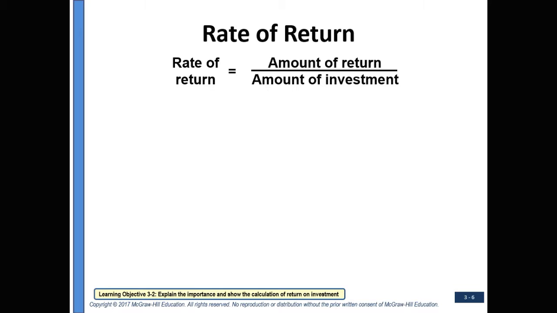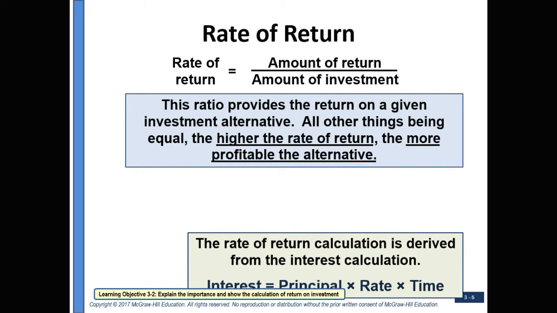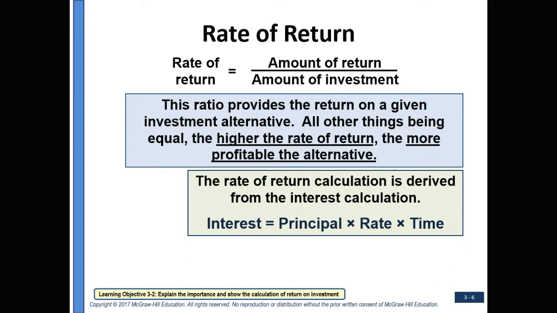This ratio provides the return on a given investment alternative. So we can calculate this for any variety of investments in an organization. This ratio shows that, all other things being equal, the higher the rate of return, the more profitable the alternative.